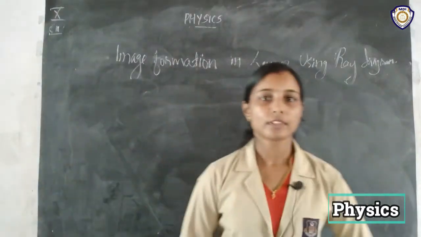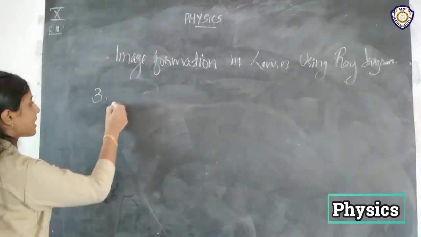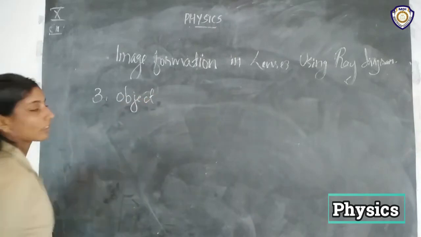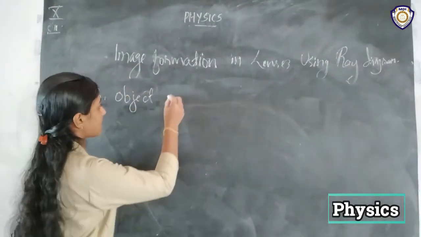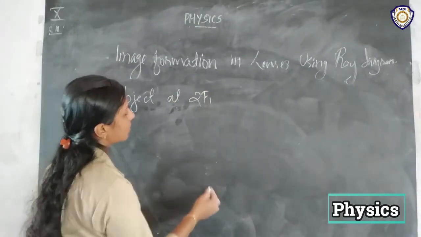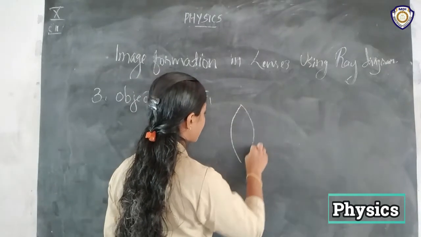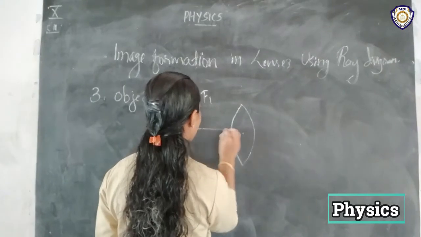Okay, so the next scenario, the third one, where the object is at 2f1. So we can draw a convex lens, and here will be the optical center.